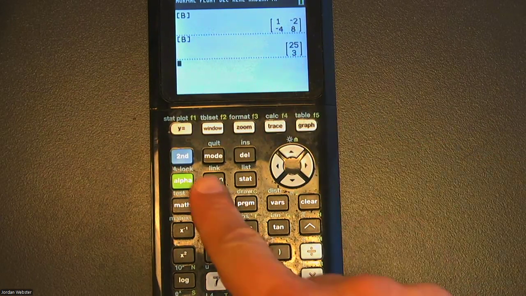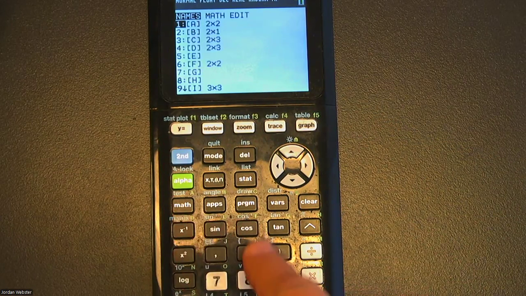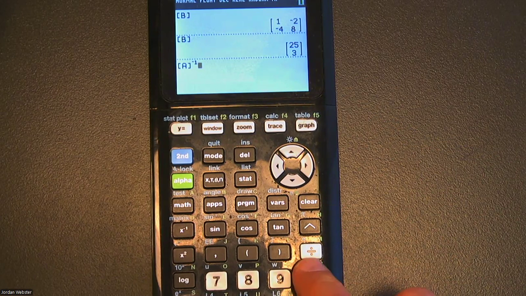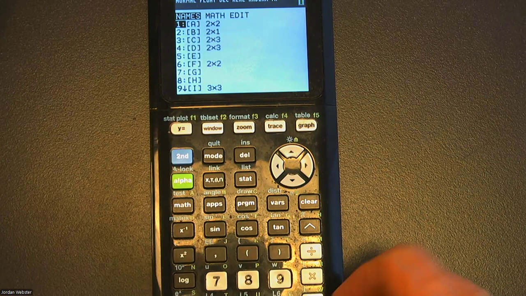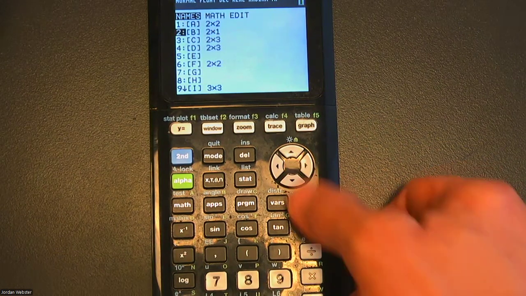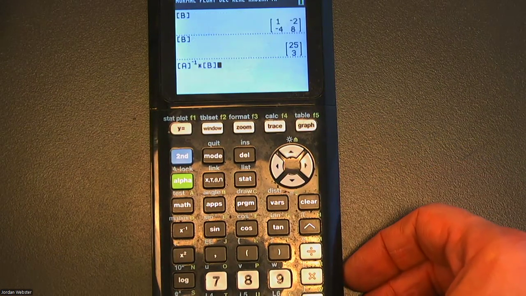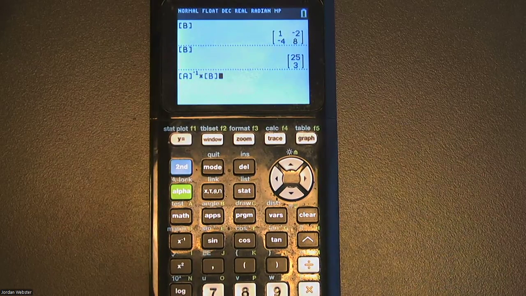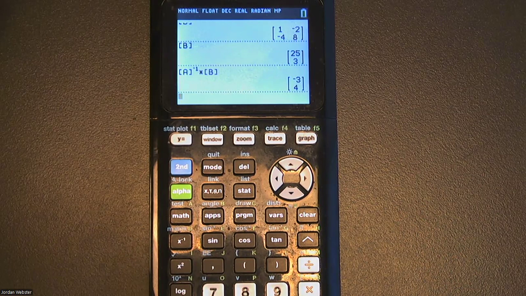Right? And then I just go back into my matrix menu, take A inverse times B. A inverse times B, and we get -3, 4.